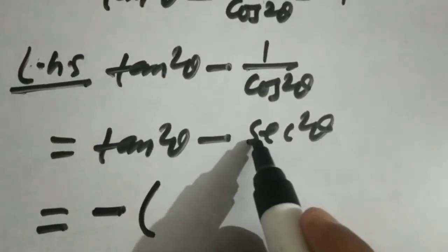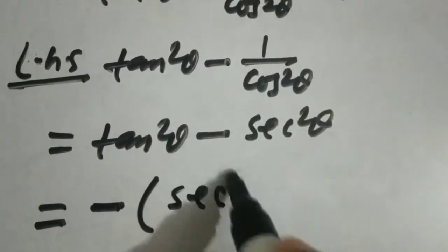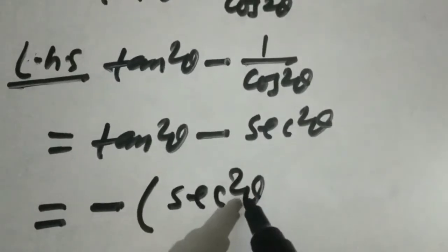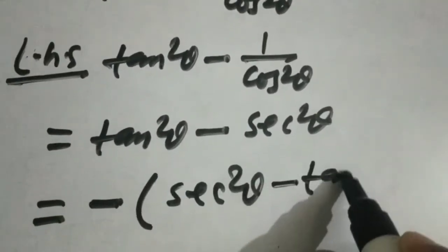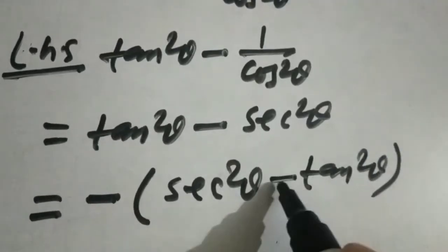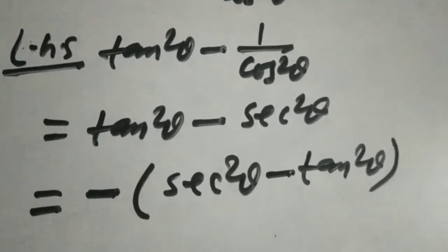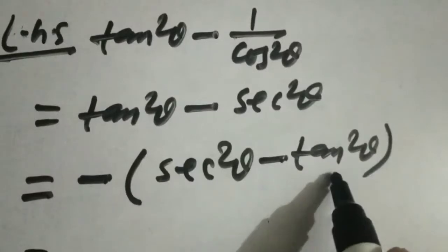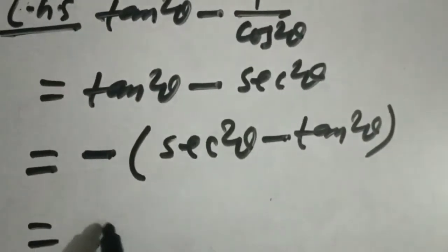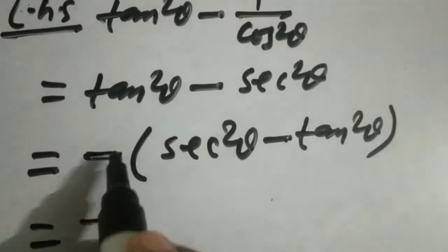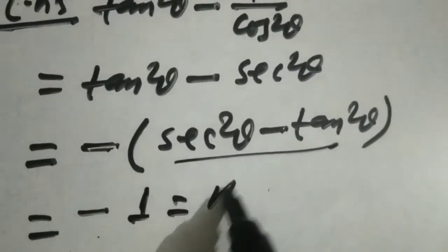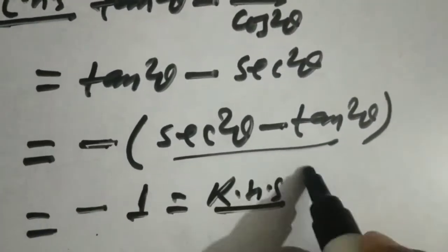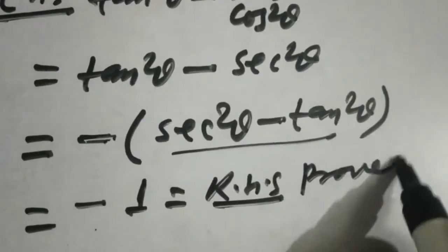Then minus will be changed into plus, that is sec square theta will become plus, and plus will be changed into minus, that is tan square theta will become negative. Now sec square theta minus tan square theta is equal to 1, and minus is outside of the bracket, and the value of this is equal to 1, which is equal to RHS, proved. Okay.